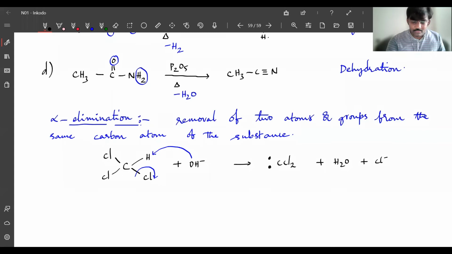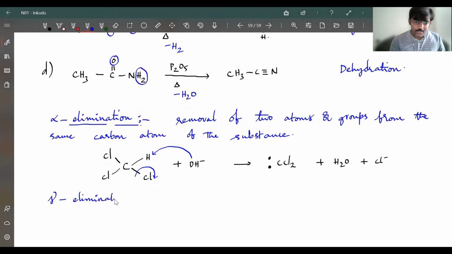Next, if you are removing elements from the alpha carbon and gamma carbon, then we call it gamma elimination. So let's see gamma elimination now.